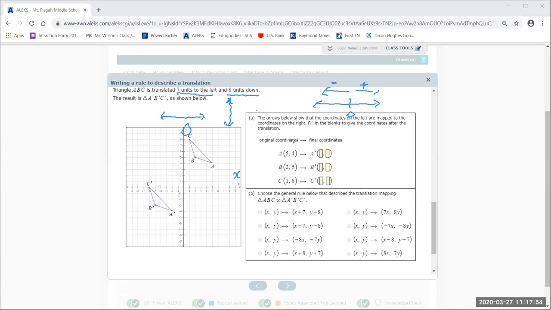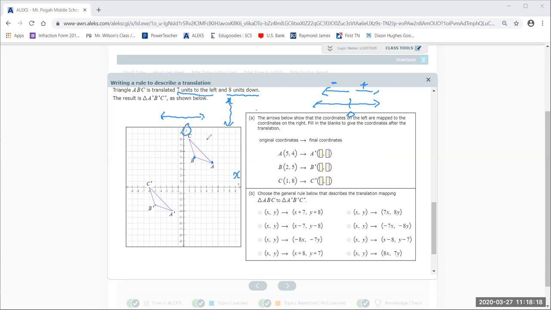Here we have the original coordinates of A, B, and C on this triangle. Notice A is 5, 4, right there. B is 2, 5, right there.